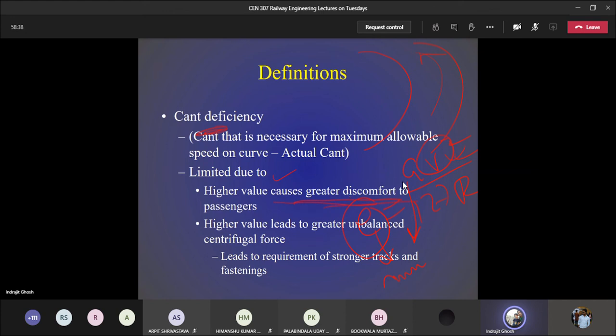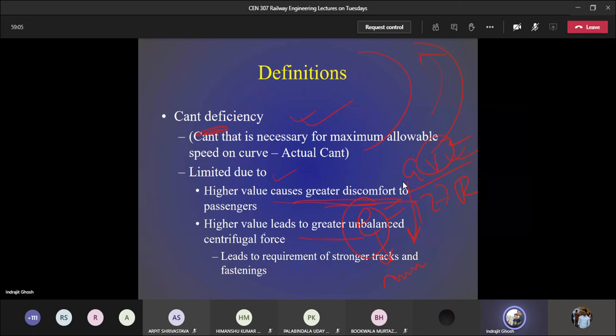If this difference is high, suppose you are allowing the train to travel at a speed of 140 km per hour maximum, but one train is traveling at 170 km per hour. Obviously the super elevation that you have provided will not be really comfortable for the passenger.